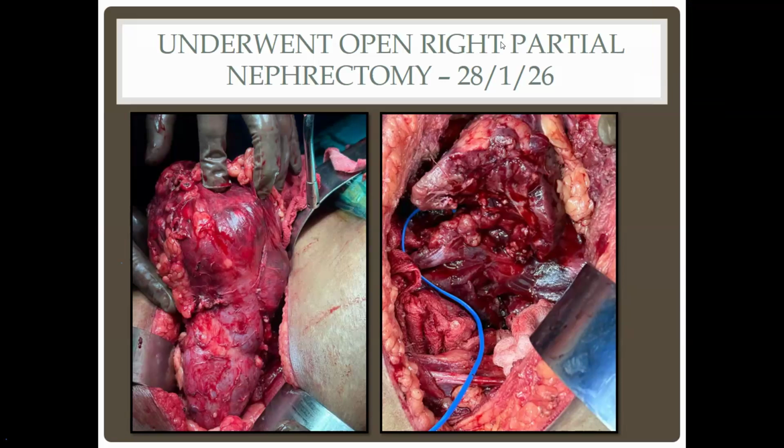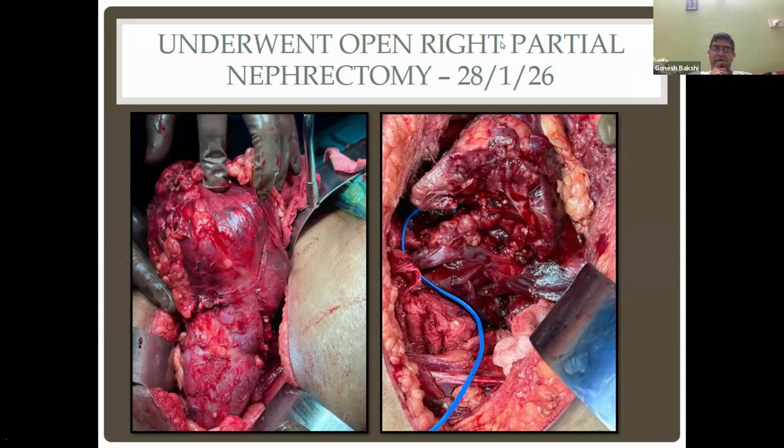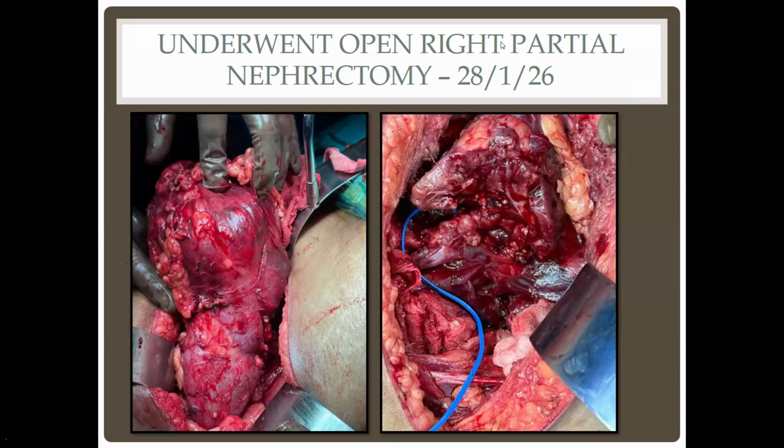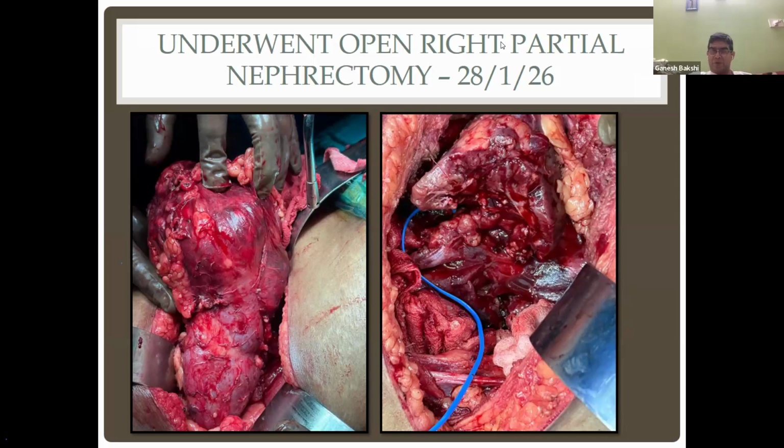When we do angioembolization while planning surgery, it is not a routine protocol. In all AMLs, you don't do angioembolization. You can directly operate them. When you're planning to do partial, then only, like in borderline cases where the patient can go for radical or partial. This patient had bled, and what Mahendra showed you inside the CT, there was an intra-AML bleed.